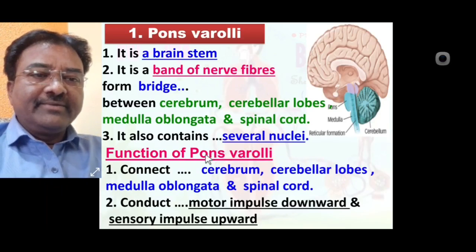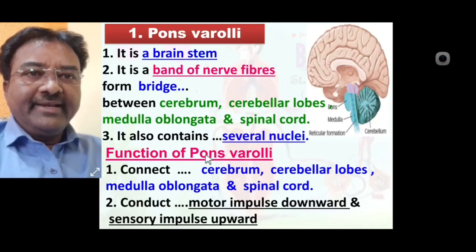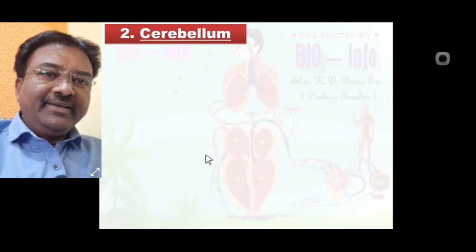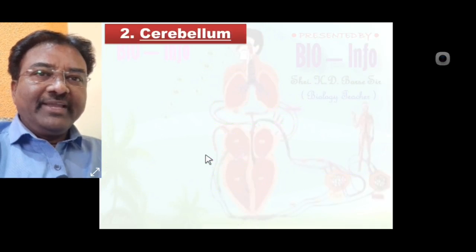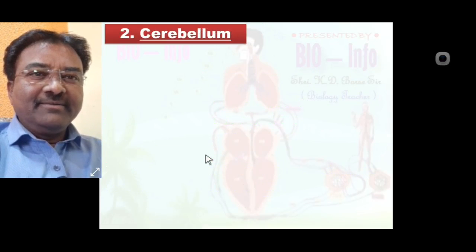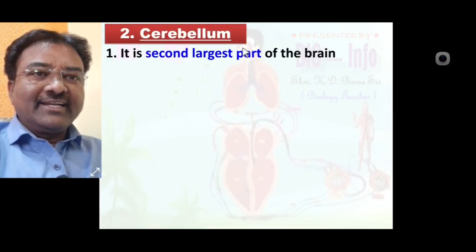Pons varoli is one of the parts of hindbrain. Now we learn cerebellum, a part of hindbrain. It is the second largest part of the brain. You know, the first largest part of the brain is known as cerebrum. So cerebellum is the second largest part of the brain.